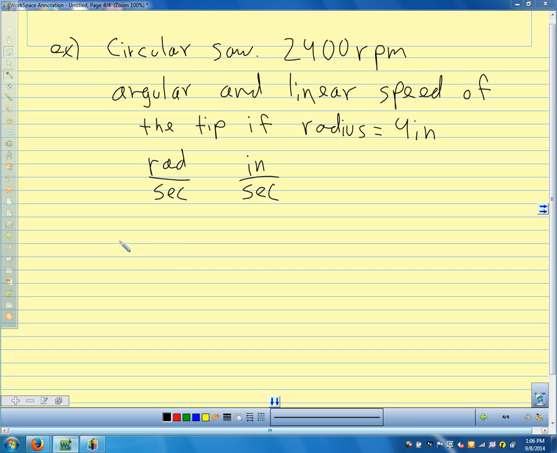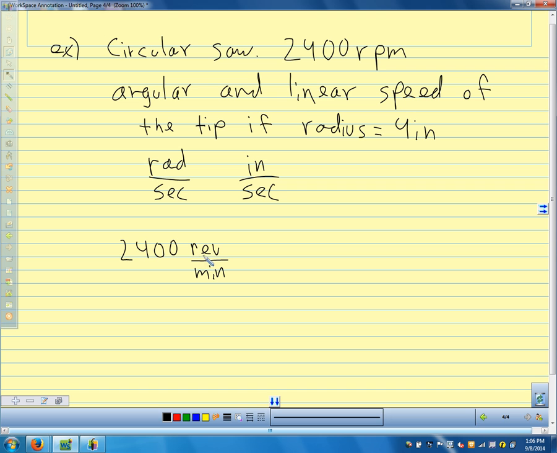So what I suggest you do is always write your units as a fraction. I'm going to say rev for revolutions per minute. Now we would get our units canceling out right. Well, first off, let's convert from revolutions to radians. Our angular speed is in radians per time, so let's convert to radians first.